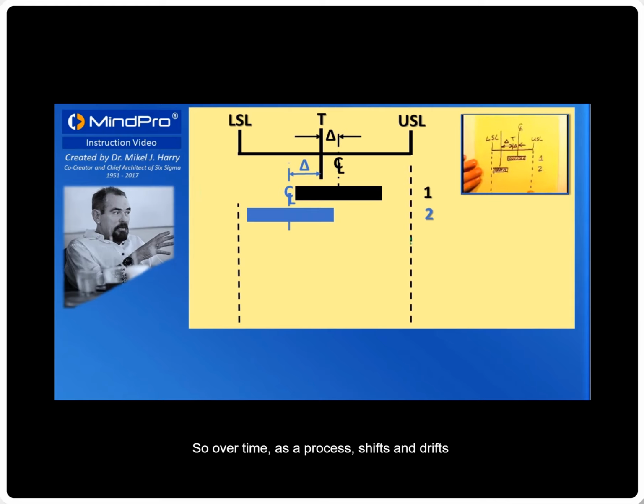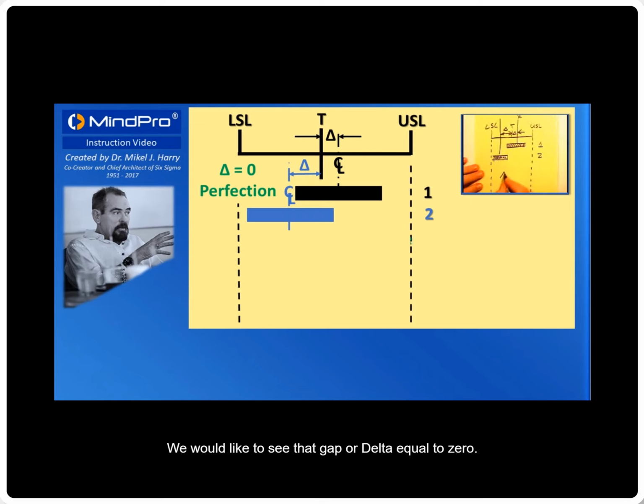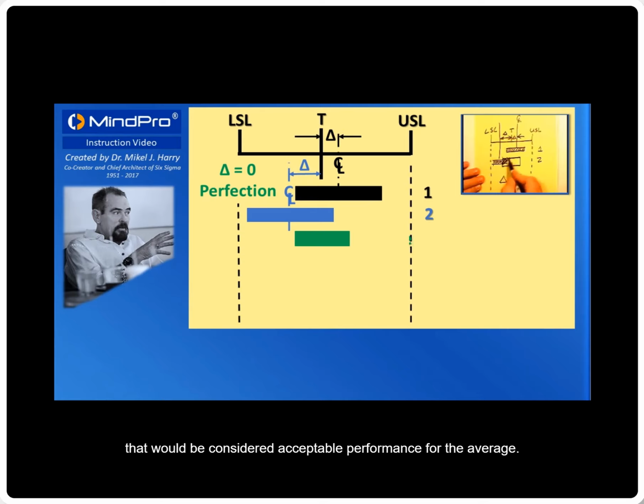So over time, as a process shifts and drifts, the difference between the expected value, the target, and the observed, the center of the process, we would like to see that gap or delta equal to 0. That would be perfection. If we can retain that difference within a certain boundary, that would be considered acceptable performance for the average.